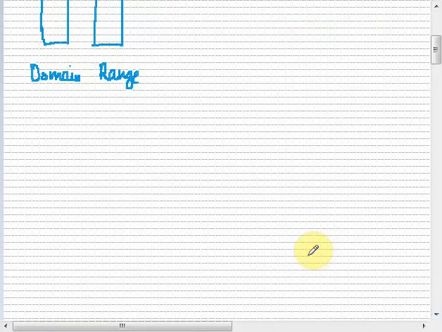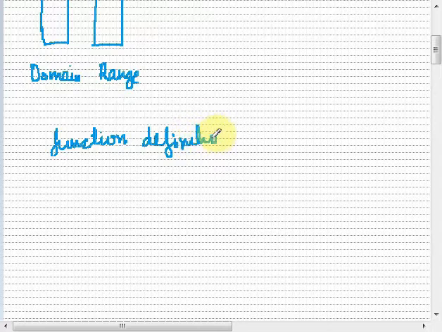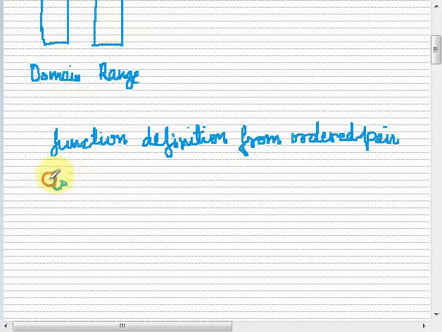Now we are moving from the function definition from ordered pairs to a graph of an algebraic expression.